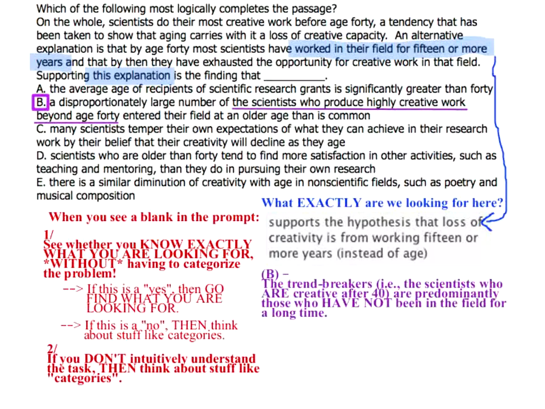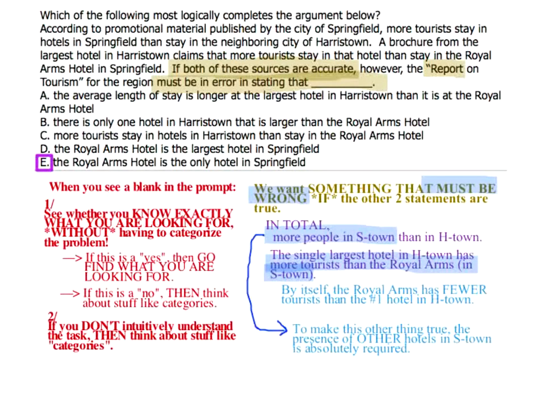Like, I am not really a nitpicker type of thinker. So for me, questions like this are harder. Like this one here about Springfield and stuff, because I'm not a super mathematical kind of thinker. I'm more of a big picture, see the connections type of guy. So for me personally, all problems like this one are harder than all problems about strengthening and weakening and whatnot.